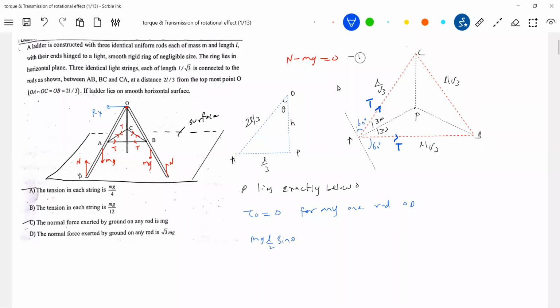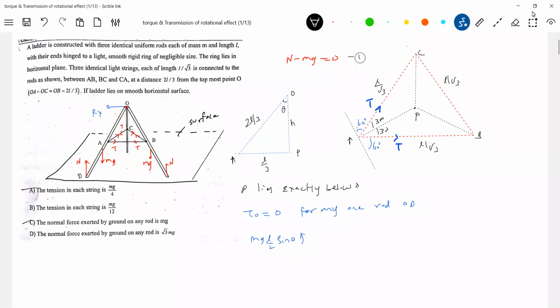This torque will be anti-clockwise about O. I should not show this as theta. Theta should be here only. Theta is not the angle between the rods; theta is the angle between the rod OD and the vertical OP. So the torque by the weight about O, clockwise or anti-clockwise? It should be anti-clockwise.